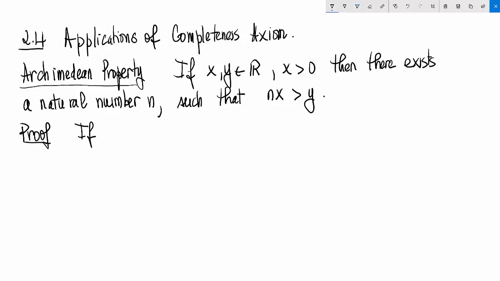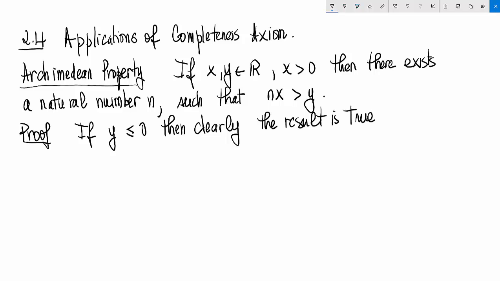So let's suppose that y is less than or equal to 0. Then clearly the result is true for all natural numbers n.